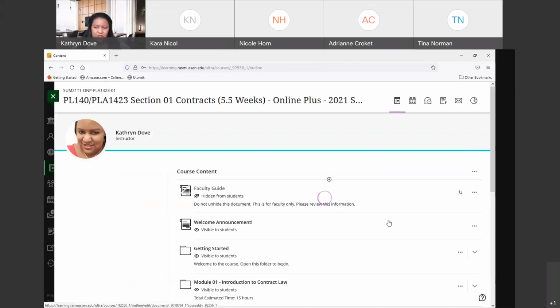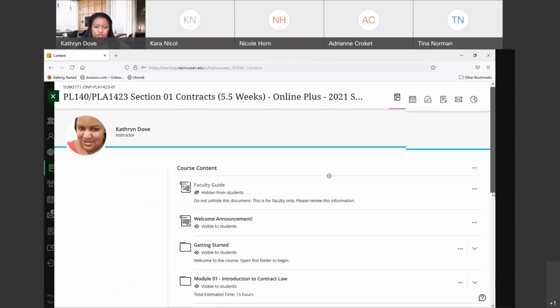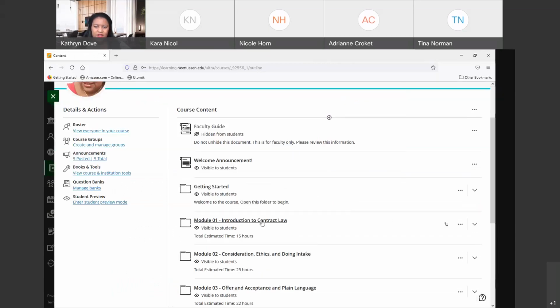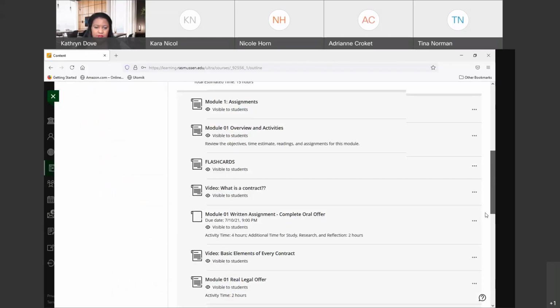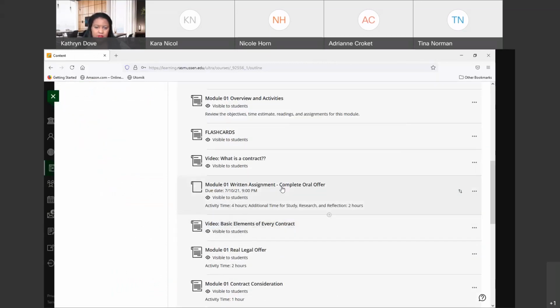Going under Module 1, an introduction to contract law, which is what we are having right now. Let's take a look at the scenario presented in this assignment. Complete oral offer.